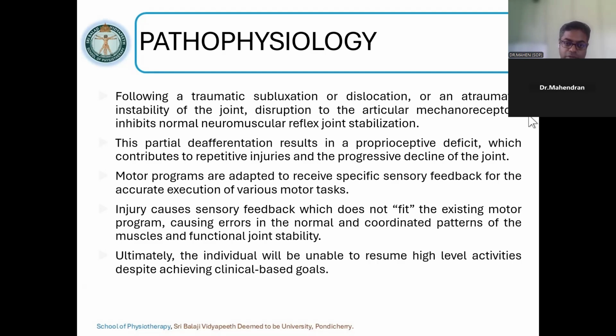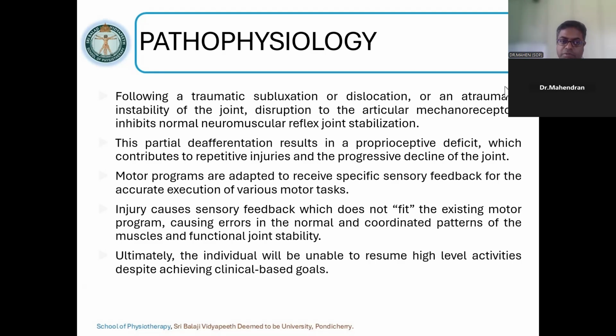Motor programs are adapted to receive specific sensory feedback for accurate execution of various motor tasks. For any motor task execution, there is a need for sensory input. This sensory input is given by many structures, and the proprioceptor is one of them.